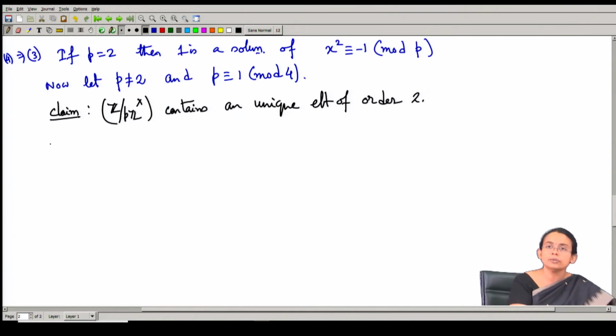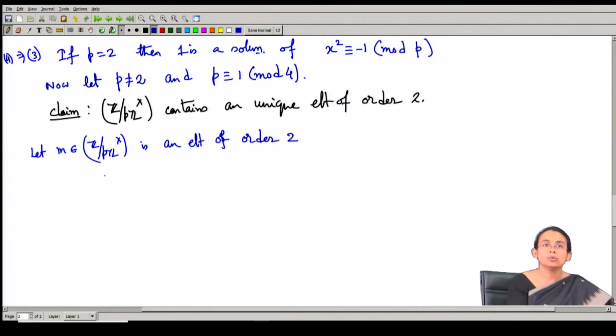So let us start with an element of order 2. Let M belong to (Z/PZ)^× be an element of order 2.